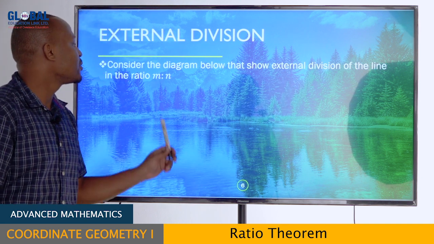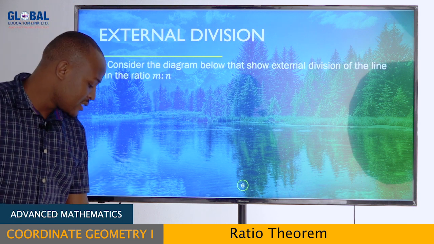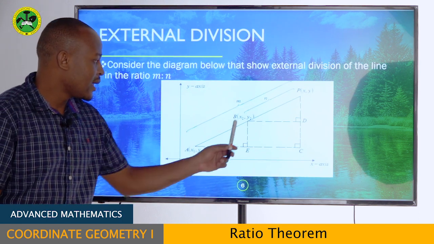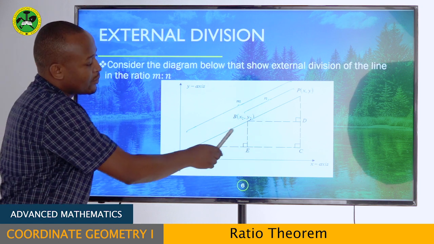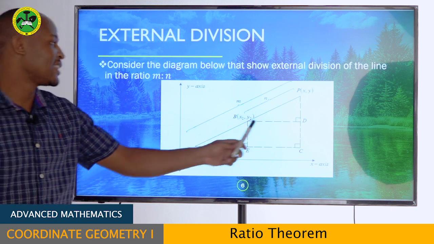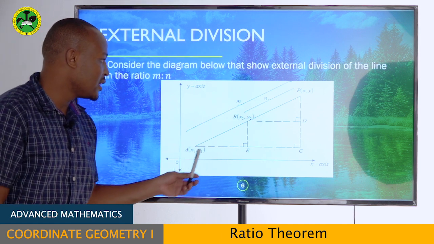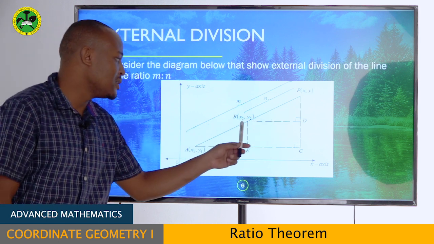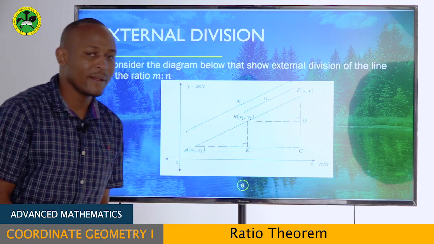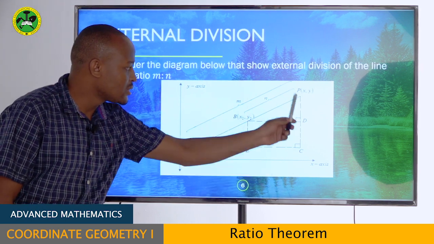We have a line that will be divided in a ratio m to n. Consider the xy plane, and we have point A and point B. The point that divides these two points externally is point P. We have the distance from A to P, and also the distance from B to P. We shall try to find the point P, that is x, y, as an external division of these two points. As you can see, we can put this into a triangle.